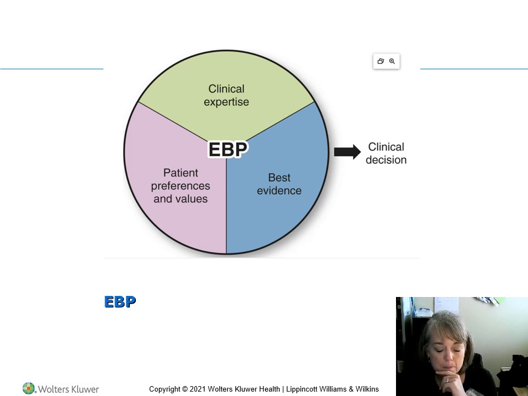But if given the best evidence, and it is what is best for our patient population, we may use our clinical expertise and what we've learned to advocate for a new piece of equipment or a new way of doing things.